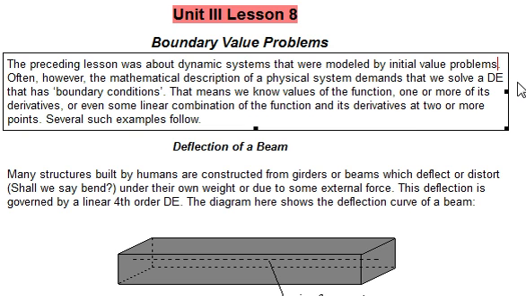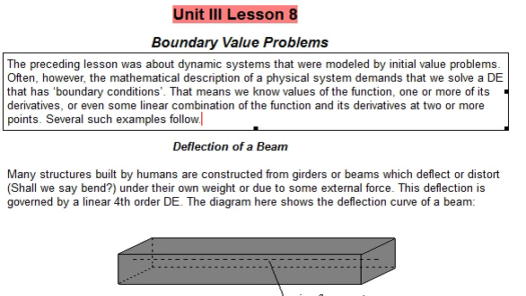The demands of physical systems sometimes is that we need to solve a differential equation that has boundary conditions, and what that means is we know the values of the function or one or more of its derivatives, or even some linear combination of the function and its derivatives at 2 or more points, not at the same point. And several such examples follow.